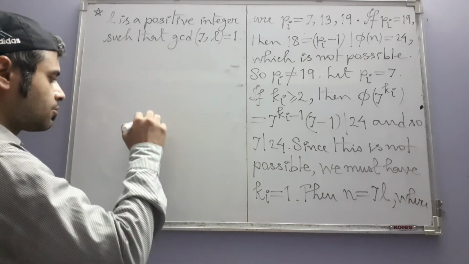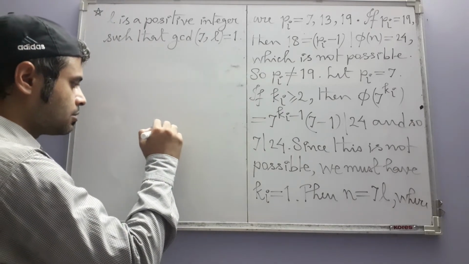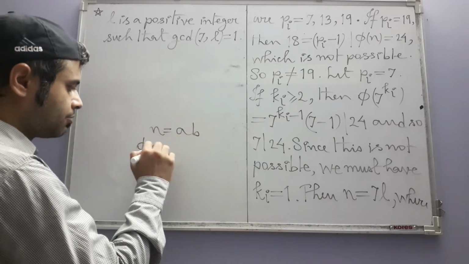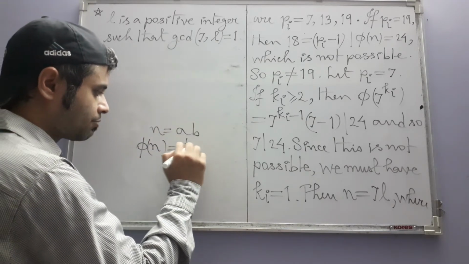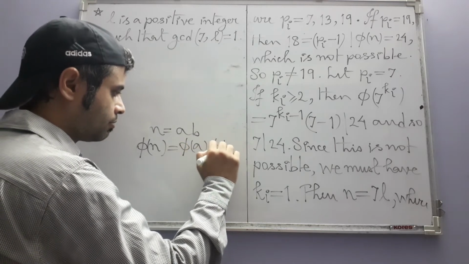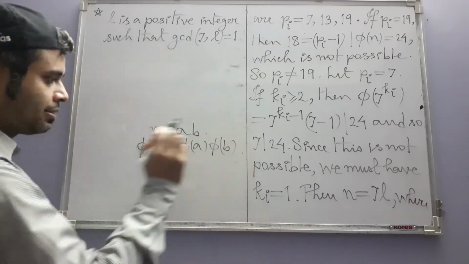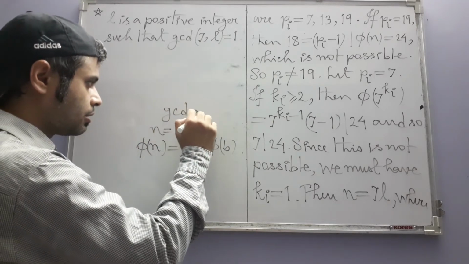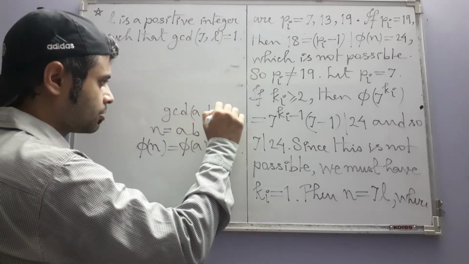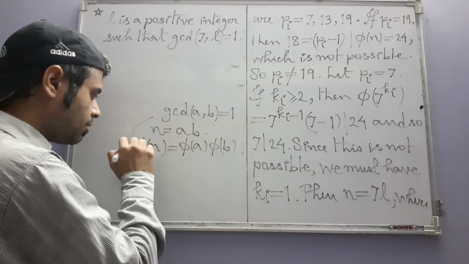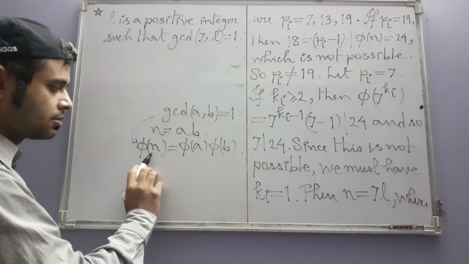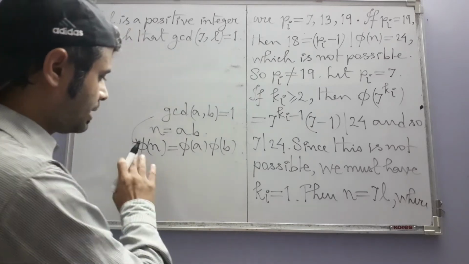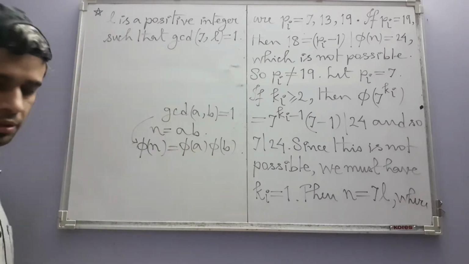It does not simply mean that when n is AB, then phi of n is phi of A, phi of B. It's not that simple. This extra condition is needed, that the GCD of A and B should be equal to 1. Then this thing will happen. And when that happens, we say that a function is multiplicative in number theory. And phi is one such function, Euler phi function.